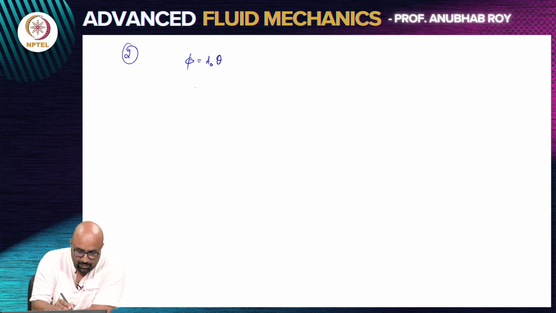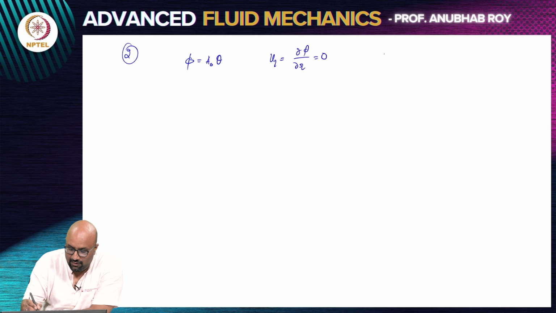To see that, we compute our u r. u r is going to be dou phi dou r, which is 0, and we compute u theta, which is 1 by r dou phi dou theta, which would be A0 by r. So, there is an azimuthal flow or a tangential flow which varies in the radial direction.